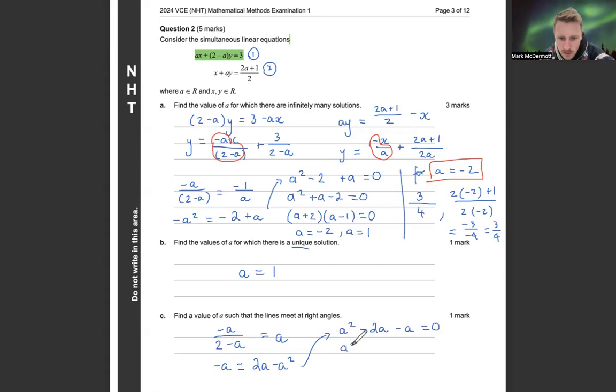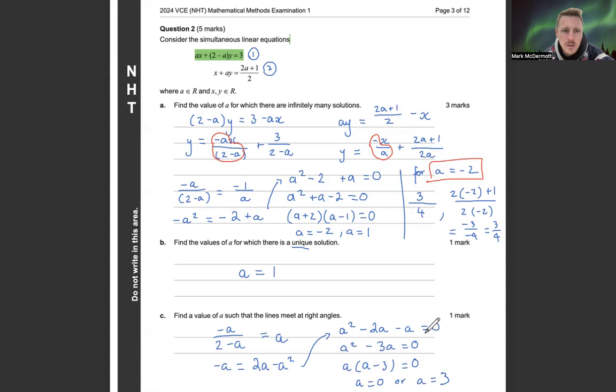So what's that? A squared, maybe I got it right this time, minus 3a equals 0. So you get a times a minus 3 equals 0. So either a equals 0 or a equals 3.